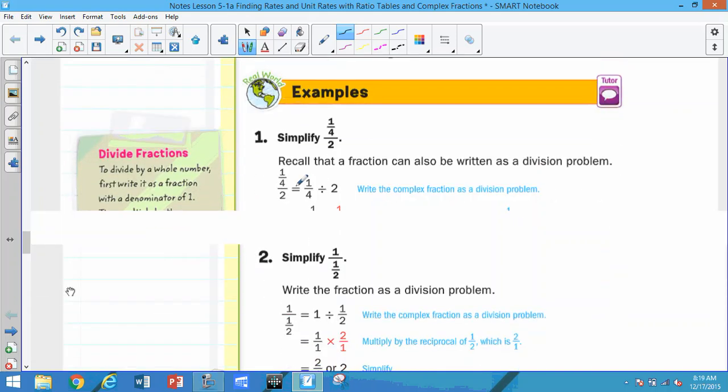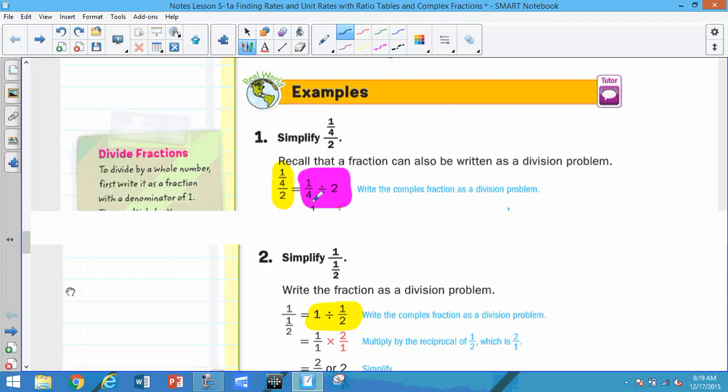And the way to simplify them is to turn them into a horizontal fraction problem. So 1/4 divided by 2, and you write it horizontally. And then you just solve like you would normally solve fractions when you're dividing fractions.